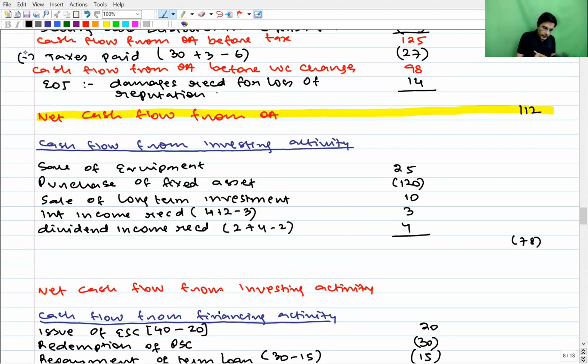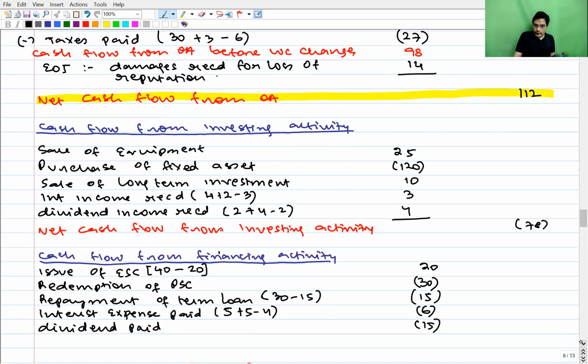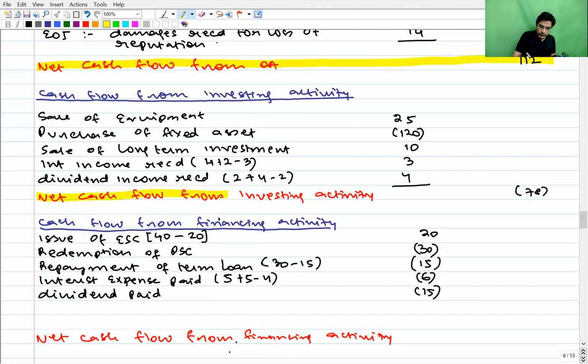What is this negative 78? This is net cash flow from investing activity. And finally, we have financing activity: 20, negative 30, negative 15, negative 6, negative 15, negative 46.